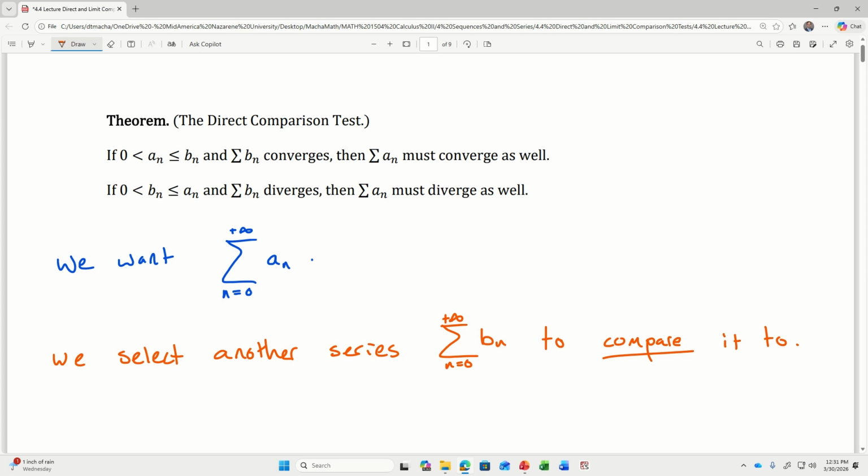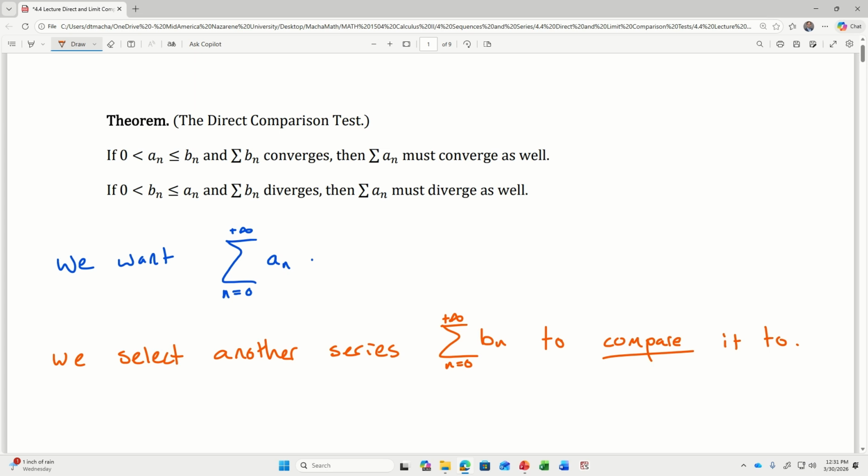Maybe the Bn series is a telescoping series. Maybe the Bn series is a P series, or maybe it's another series we can solve with an integral test. So that way we can figure out Bn, and even though we can't figure out An, because An is not a geometric series, it's not a P series, it's not telescoping, it's not an integral test, we can still figure out whether An converges or diverges just by the comparison.